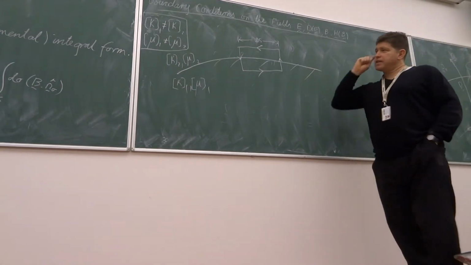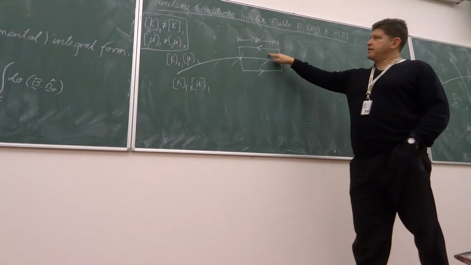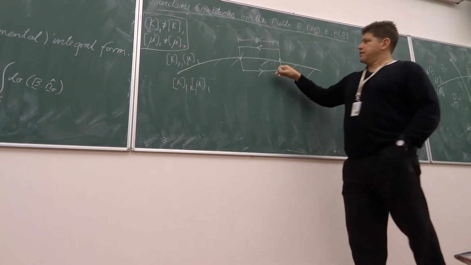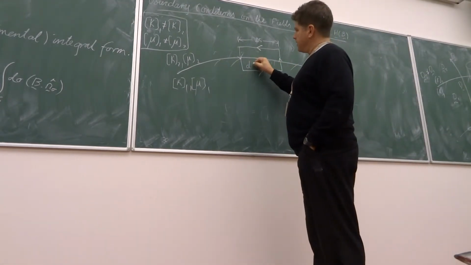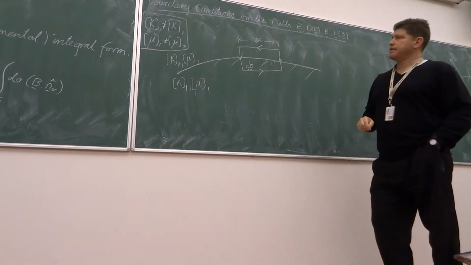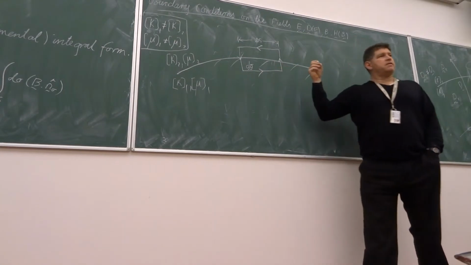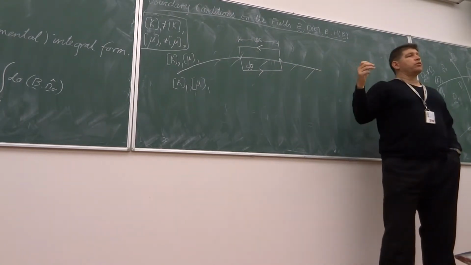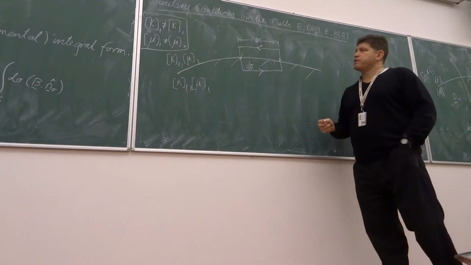Because what we're going to do is, again, make this area. So here's our representative area d sigma. Again, remember it's a vector, and we can have this either facing out of the board or into the board. It just depends on what convention you want to use.